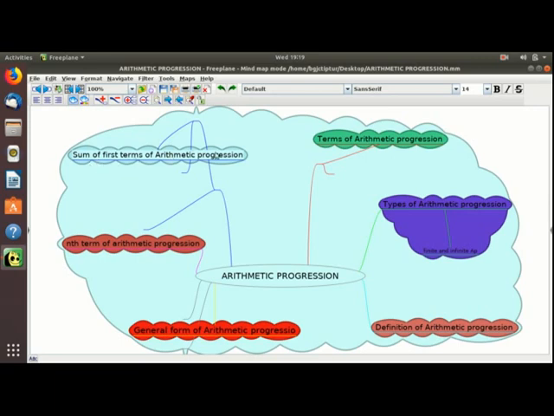To calculate this, we use the formula for the sum of the first n terms of the arithmetic progression: Sn is equal to n by 2 into 2a plus n minus 1 into d. Here n is the number of terms, a is the first term, d is the common difference, and Sn symbolizes the sum of the terms of the arithmetic progression.